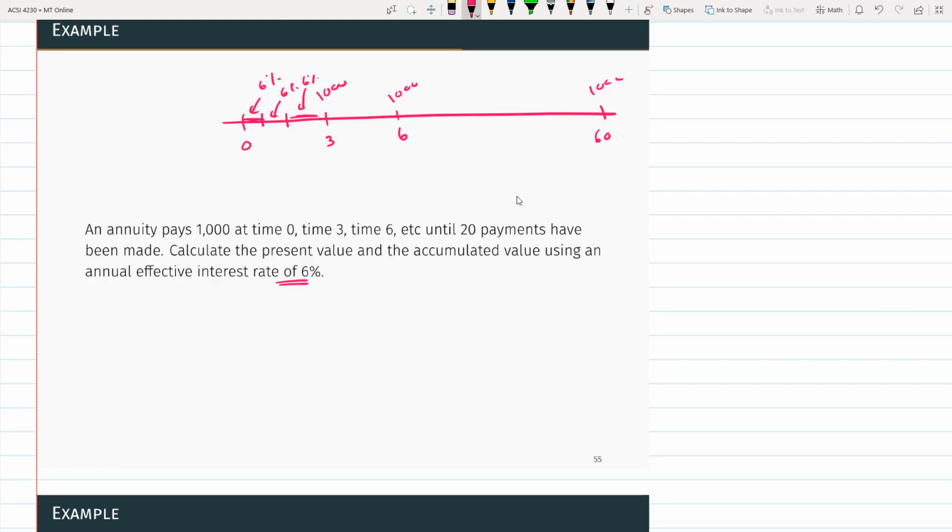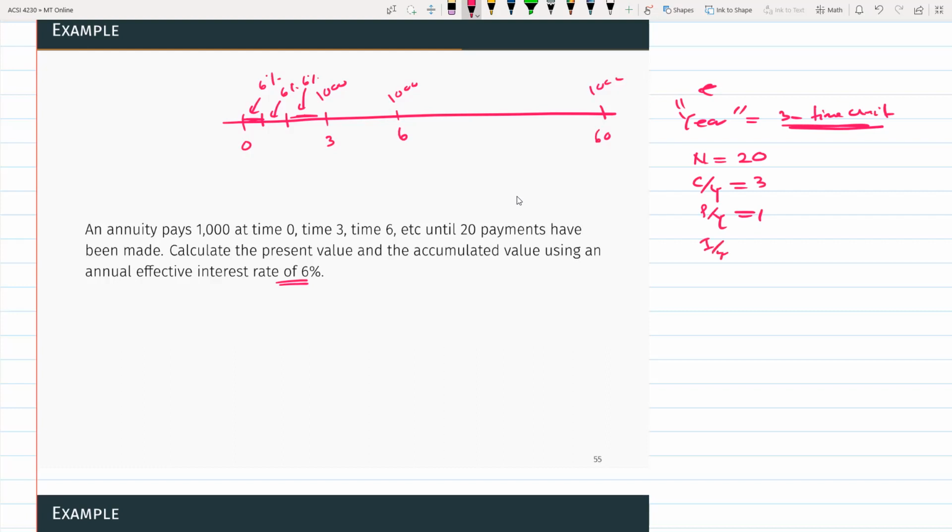So we can use the compounding per year. We can define a year as 3 time units. Then we have 20 payments. Compounding per year is going to be 3 times, because each year consists of 3 time units. Payment per year is once, because at the end of the 3 time units you get 1 payment.